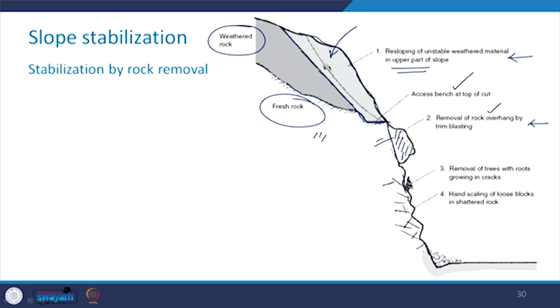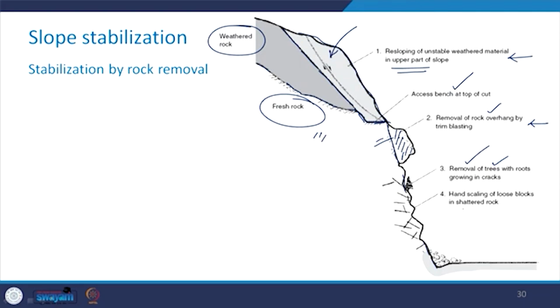Then, if there are trees which have roots growing in cracks, such trees should be removed, because ultimately they would try to widen those cracks. So, these should be removed.